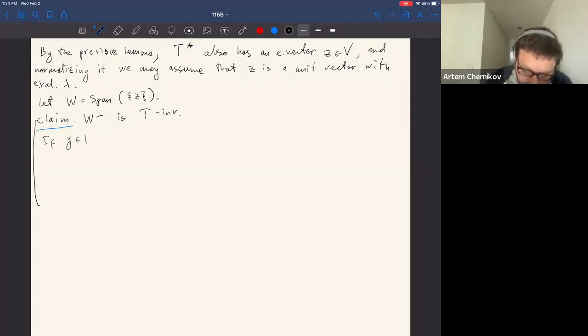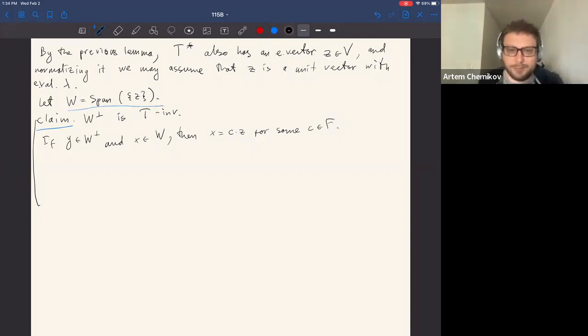Assume that Y is an arbitrary vector in the orthogonal complement, and assume that X is any vector in W. Then by the definition of W, we have that X is equal to C times Z for some scalar C in F, because W is simply the span of Z, so it consists of all the vectors of the form C times Z. Hence, now we use the property of adjoints.